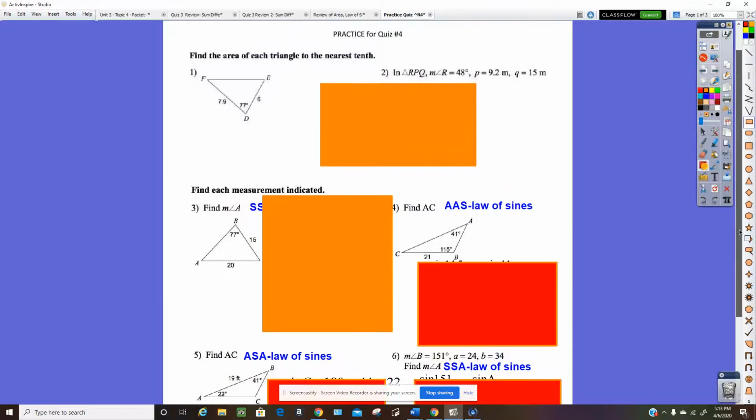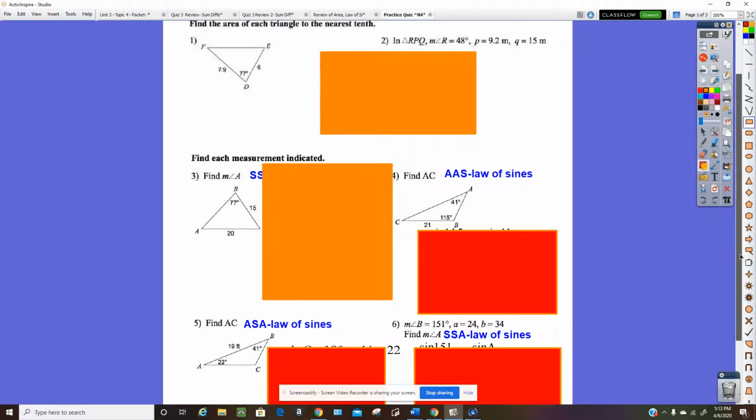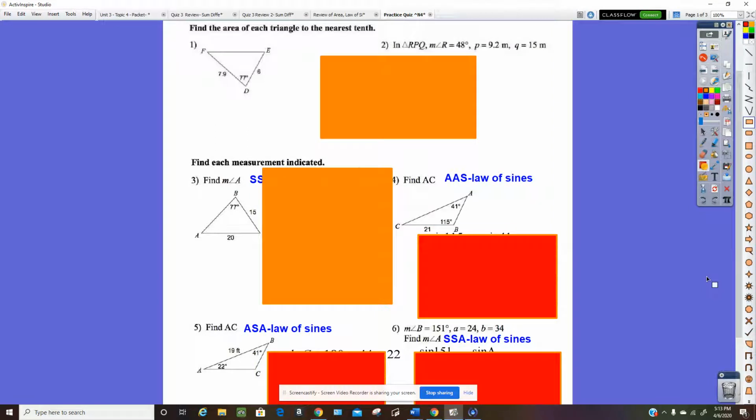All right, this is the practice quiz for quiz 4. If you don't have a copy of this, I handed it out on Friday, March 13th. You could copy down the problems.